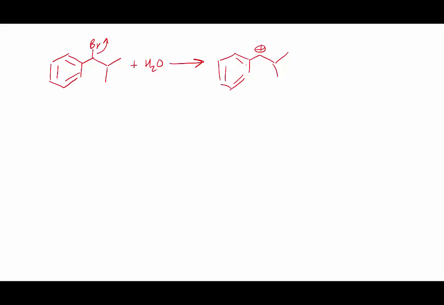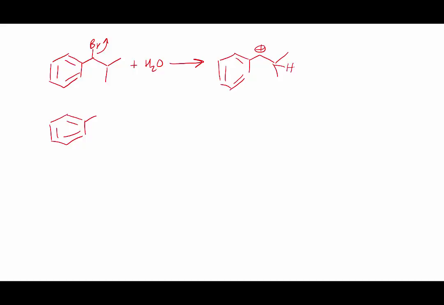So can I form a secondary benzylic? Yes, and I will. Because a benzylic carbocation is pretty stable. In that problem, here's the question. And I could do it from either end.